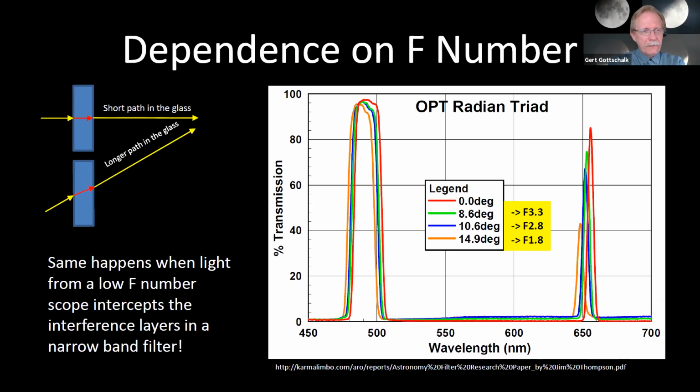Okay. Now, what happens when we run these narrowband filters in a telescope that may have a very fast F ratio lens? You have a dependence on your F number. What happens is light passing through a piece of glass gets shifted depending on its angle of incidence on the glass. Here it is a 90-degree angle, but it could be a different angle.